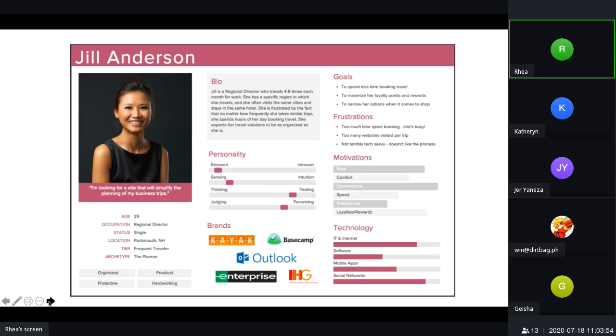They also present a short bio of Jill to better understand her persona, even the personality, if she's an extrovert, whatnot, and the brands that she would usually use, like Outlook, Basecamp, and whatnot. What are Jill's goals? What are her frustrations? What motivates Jill? And in terms of technology level, how adept Jill is.